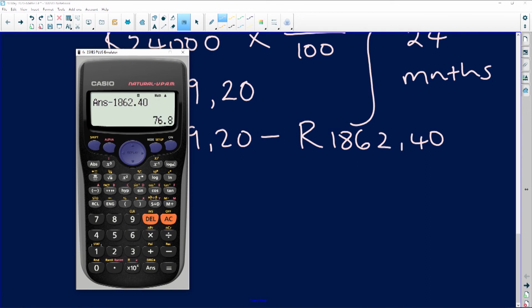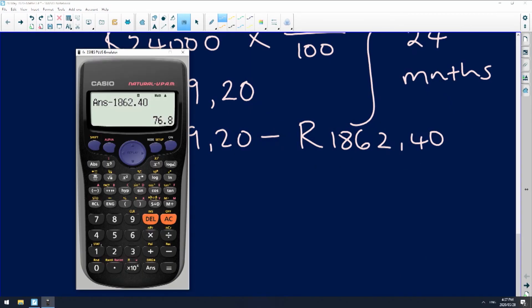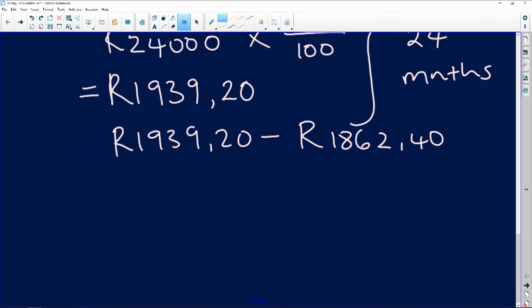Wow, the difference is actually 76 Rand, between saving it for 1 year and saving it for 2 years. So you would be the one who decides whether that is worth it. Is it worth it? Think about that. But we're not asked for our opinion in this particular case. So 76 Rand, oh sorry, 76 Rand and 80 cents.